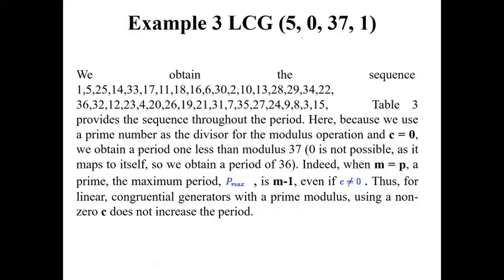So there is another example LCG, say LCG 5, 0, 37. If I use the same thing which we considered before, but with 37 as the modulo value, you see the random numbers which we are going to get in that sequence.